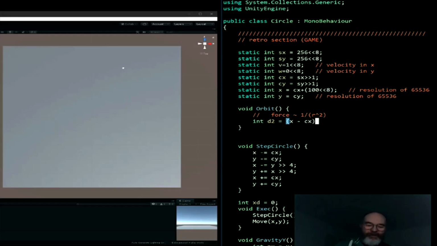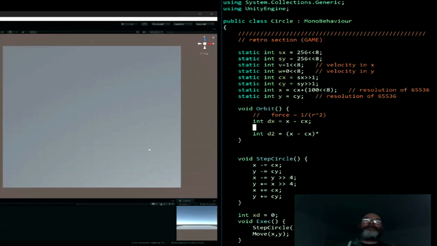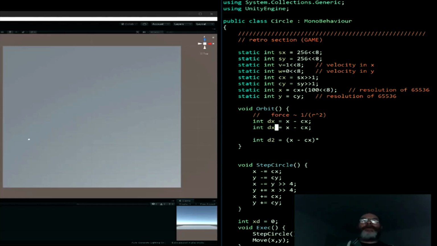That is going to equal x minus cx times x minus cx. I really hate writing out an expression twice. So I tell you what we're going to do. We're going to create something called dx, which is the difference in x. That's going to equal x minus cx.